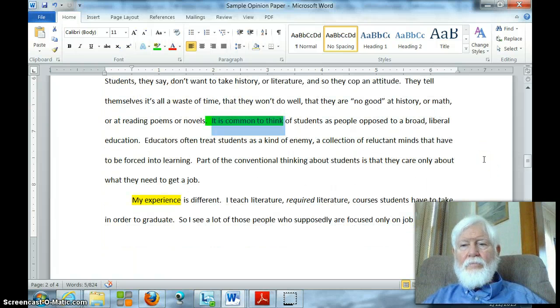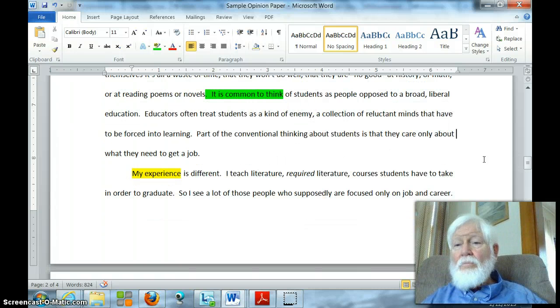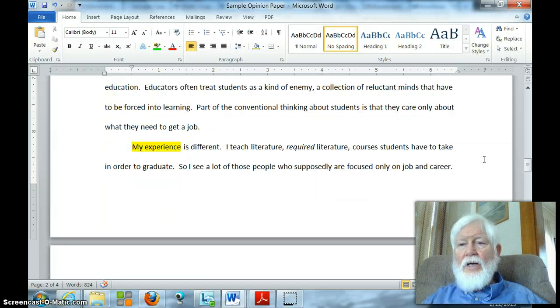All right. We've come now to the end of the they say part of the paper. We have summarized by moving from the general to the particular what people in general, then educators and students specifically, are saying about the liberal arts curriculum.